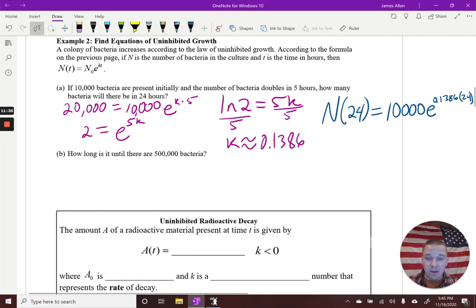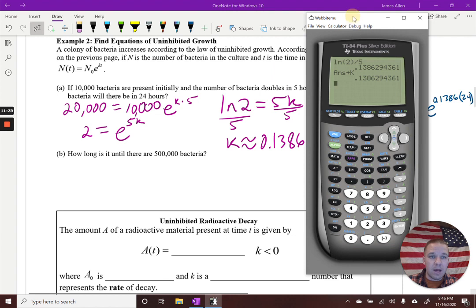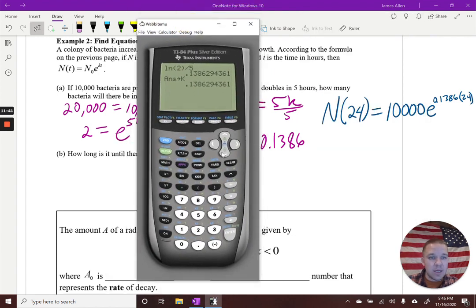So let's plug that into our calculator. Let me bring that bad boy back up, and type some things in. So I got 10,000. There we go. And then E raised to the, I can just go ahead and hit alpha, K, and then 24.